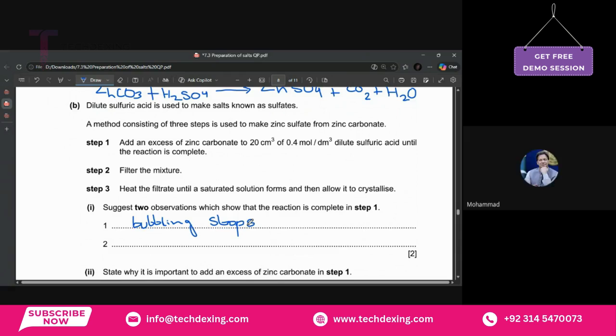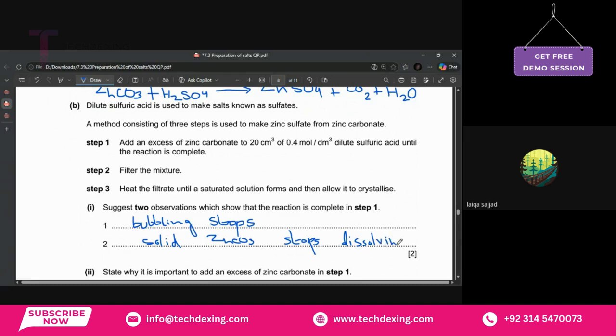Yes, the zinc carbonate stops dissolving. Very good. The solid zinc carbonate will start settling down at the bottom. So solid zinc carbonate stops dissolving and starts settling down.